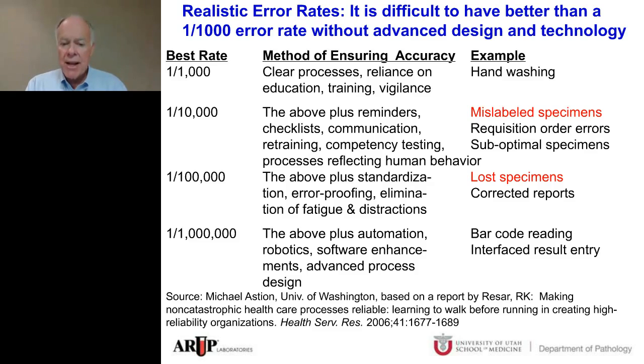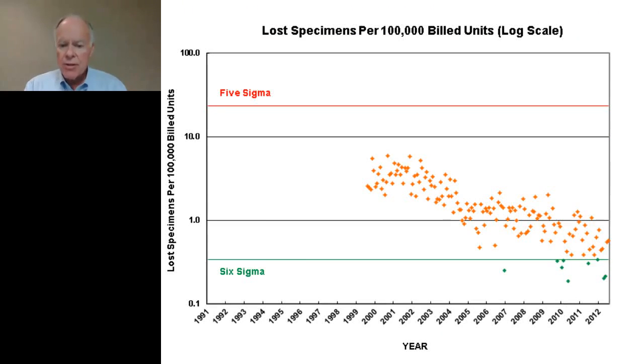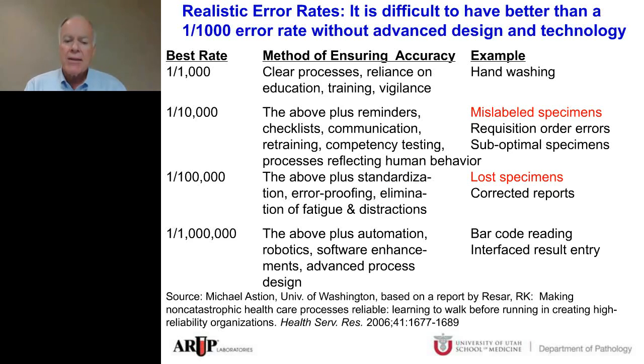And we're not quite at 1 to 1 million, but I think you can see from the data that I presented that for lost specimens, we are certainly down in the neighborhood of better than 1 to 100,000 for most of those. If you see on this chart, this black line is the 1 per 100,000. So most of those are now better than that, and with some points at better than 0.34 per 100,000. So at Six Sigma levels.